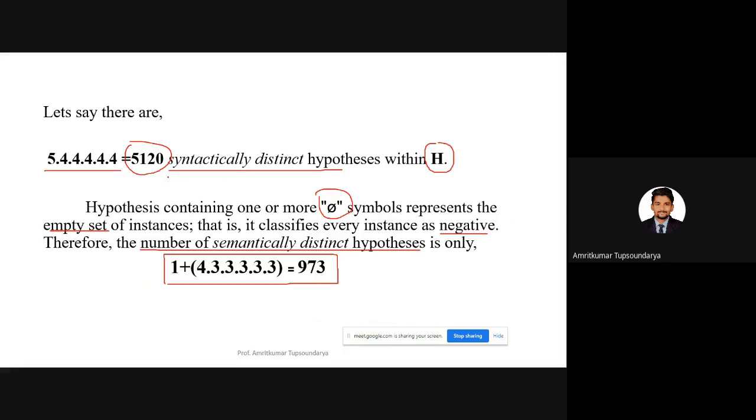So note here that we have 5120 syntactically distinct hypotheses, and when we have the single representation of the hypothesis which classifies every instance as negative, then we have 973 semantically distinct hypotheses.